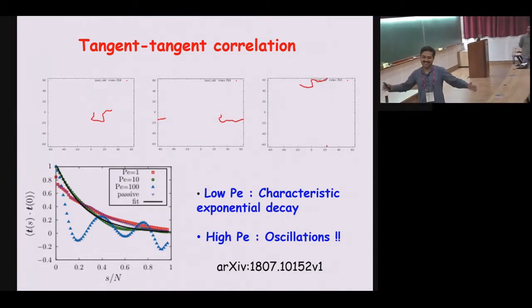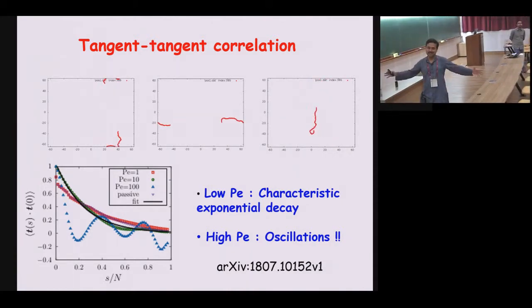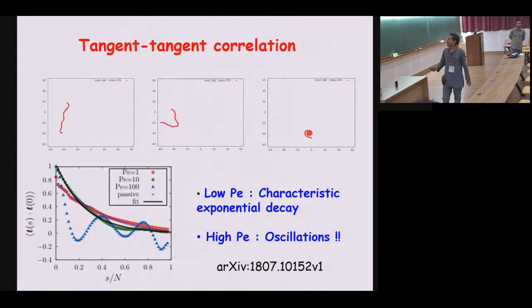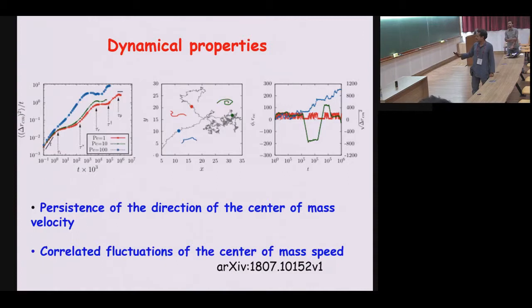So this fluctuation keeps on happening, and that periodicity is picked up in this tangent correlation. If you look at the long-term dynamics of the end-to-end distance, you will see that it goes between these open and coiled up states. It keeps happening.